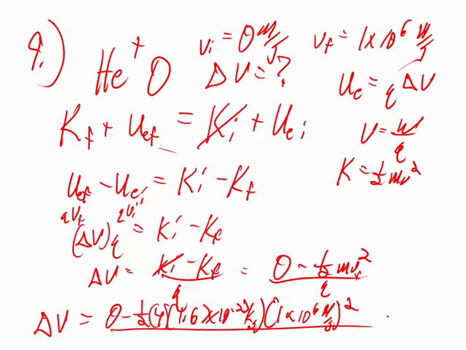Well, it is the charge on the electron, or the charge on the proton, is 1.6 times 10 to the negative 19th coulombs, okay?